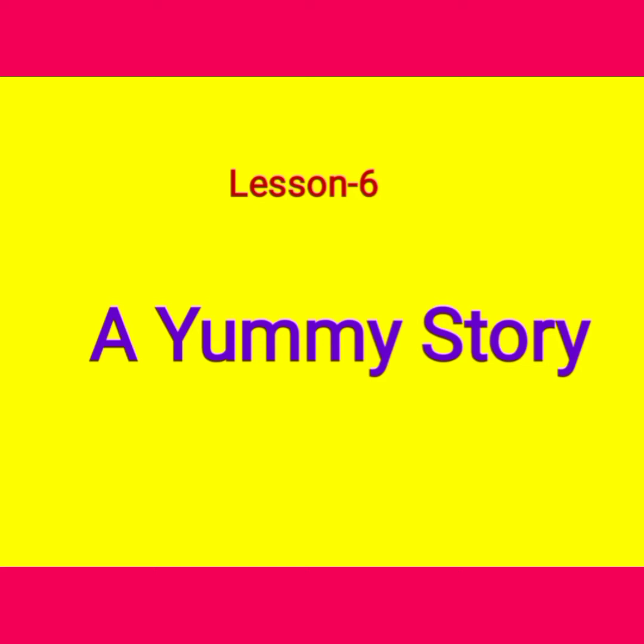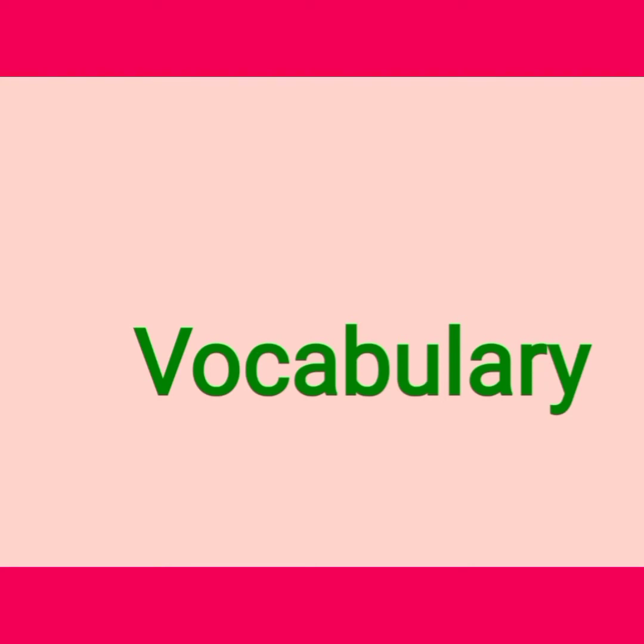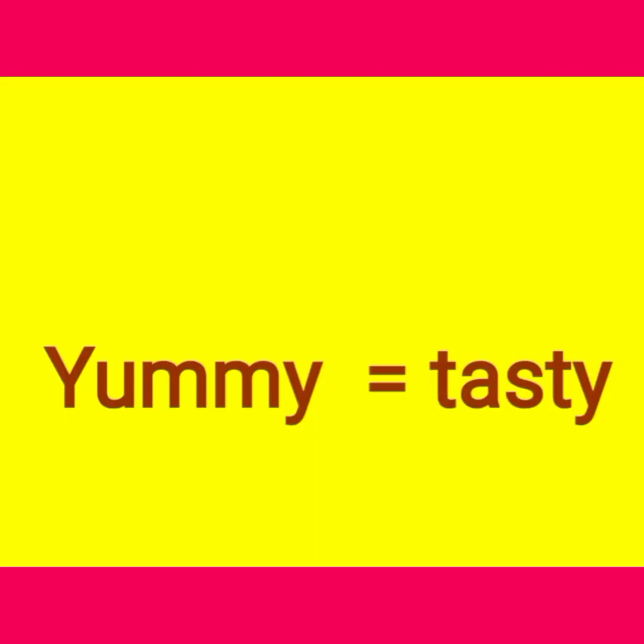Okay, children? Now see, vocabulary means nothing but meanings. What is the meaning of vocabulary? Meanings. Now see. First meaning is yummy. Yummy is used only when talking, not in writing.